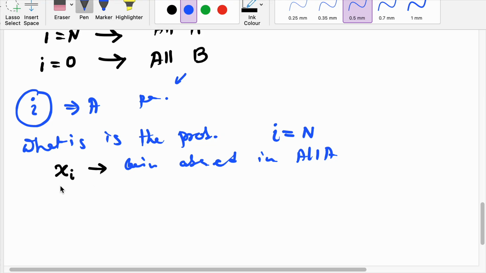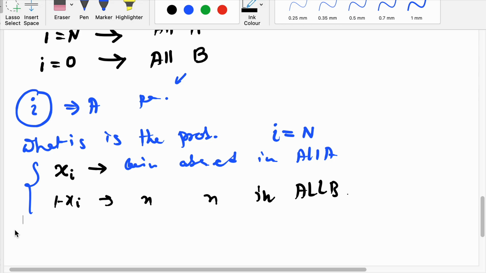Because in the long run, it will either hit all A or hit all B. It cannot remain in the coexistent state. So that probability will be simply 1 minus xi, of being absorbed in the all B state. So that is the thing. Now we have to calculate what this probability is.